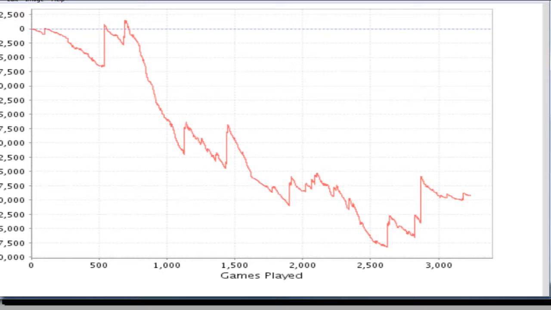He has huge issues managing a stack over 40 big blinds. He doesn't adjust to post-flop play. He is lost.